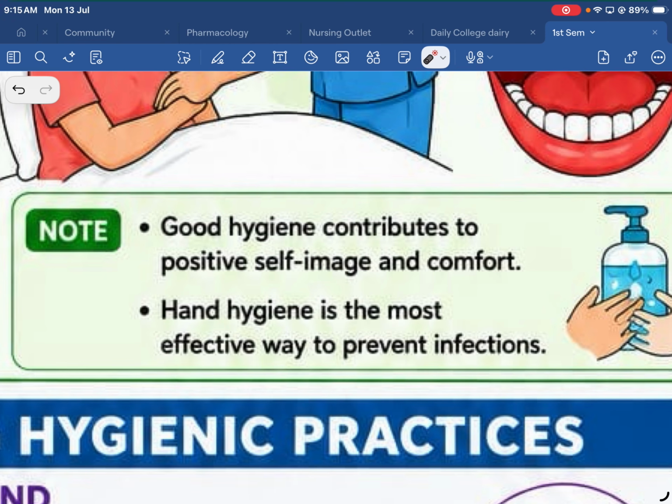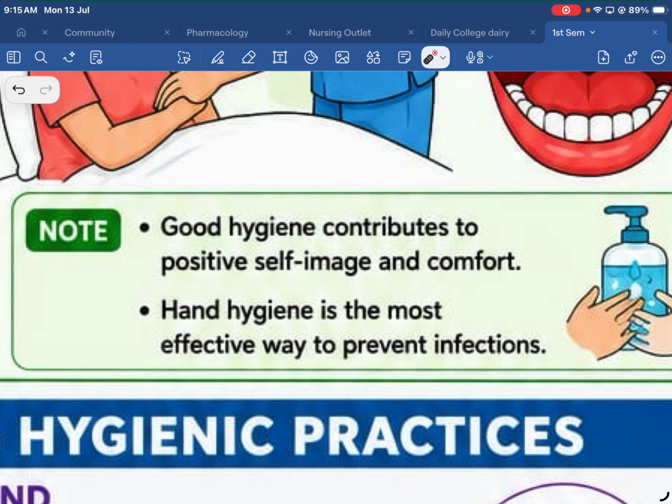Good hygiene makes a positive self image and also comfort. What does it mean? A positive self image means you know your weaknesses and your strengths, and you are confident when you walk or talk. If you have oral bad smell, can you talk confidently? No, right?